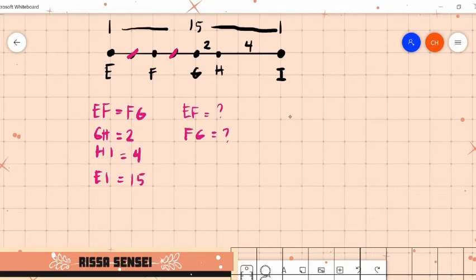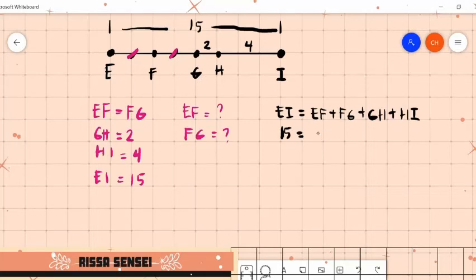gumawa tayo ng equation. So the whole EI is equal to the first part, EF plus FG, then plus GH plus HI. Okay? Kumakapal yung tinta. Okay. By substitution, EI is 15.